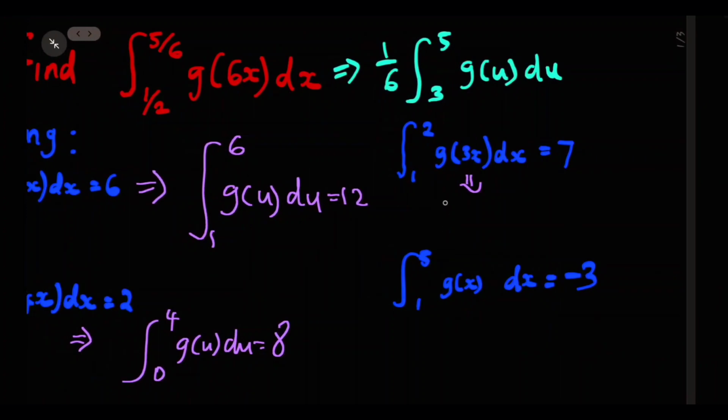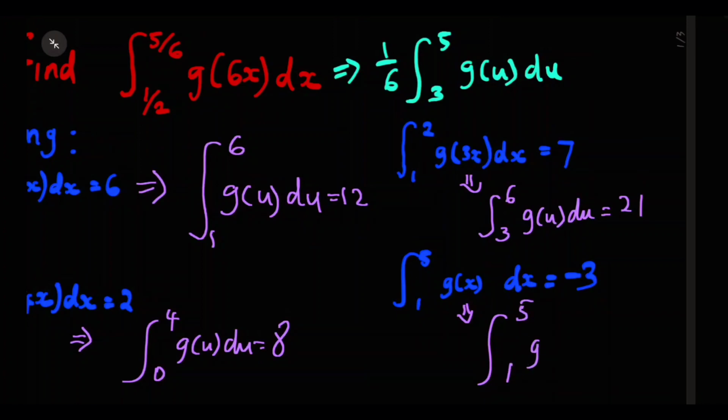We have from 6 to 3 g(u) du equals 21, and this would be from 5 to 1 g(u) du equals 3 minus 3.